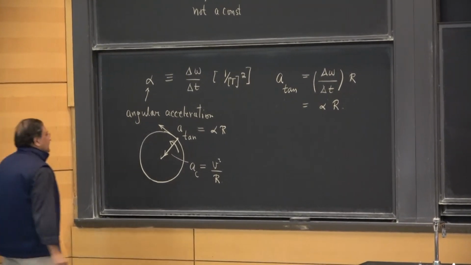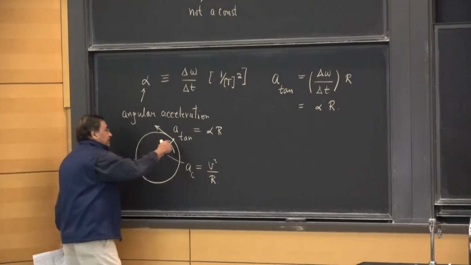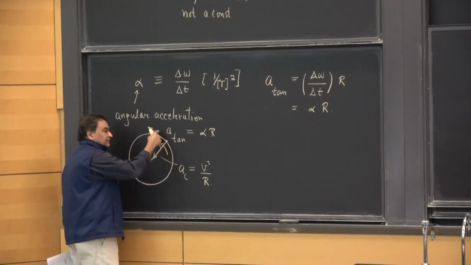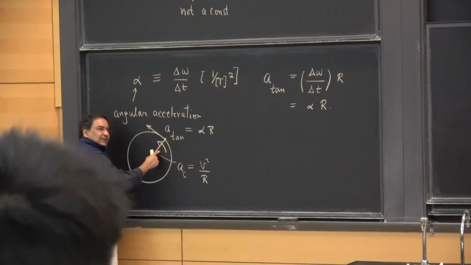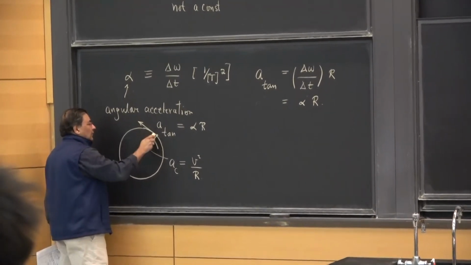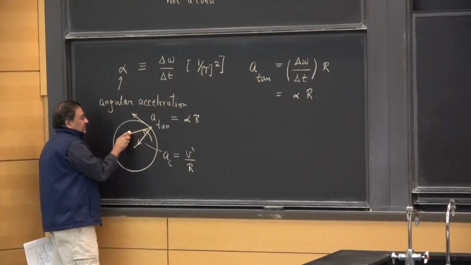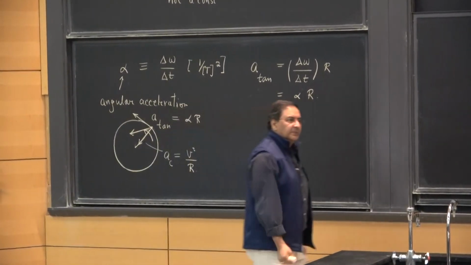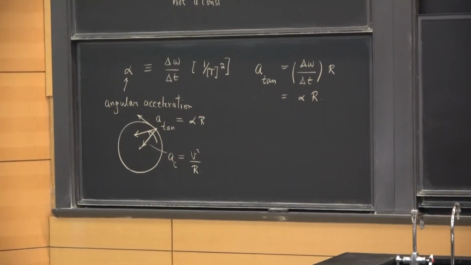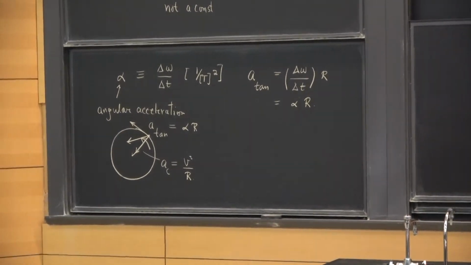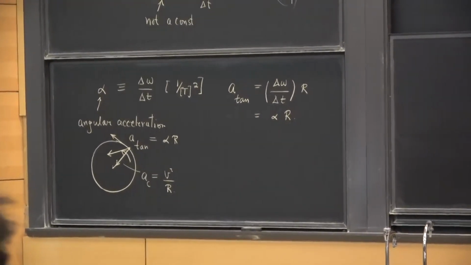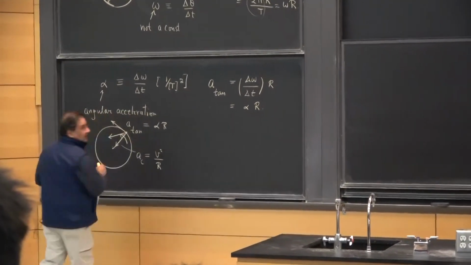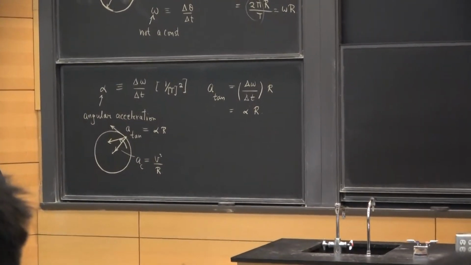So therefore, the actual acceleration that this point will have will be the vector sum of this acceleration and that acceleration, and depending upon how strong they are, it will be in some direction like that. So the actual acceleration that you would experience in a rotating disk, for example, is therefore quite complicated. It has both the centripetal acceleration as well as the tangential acceleration playing a role.